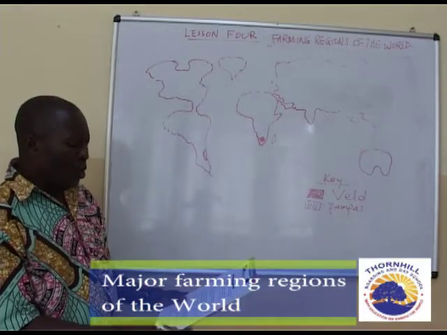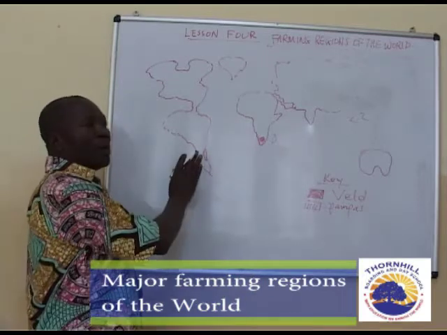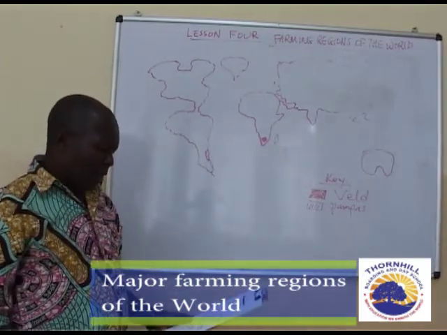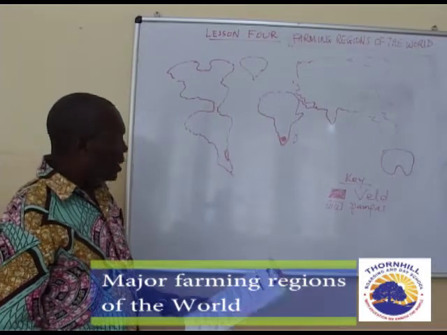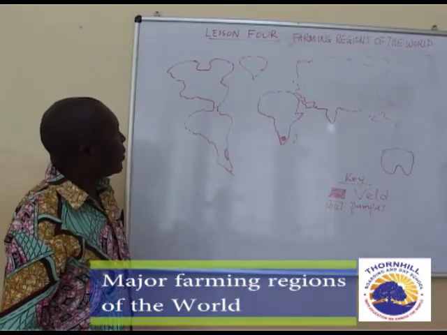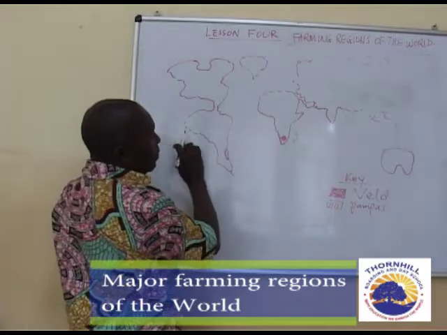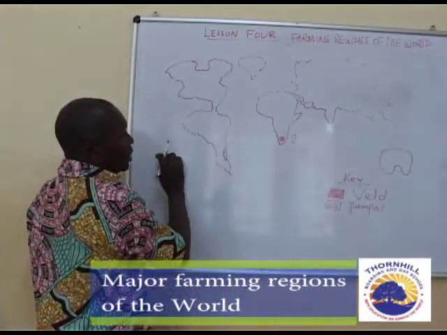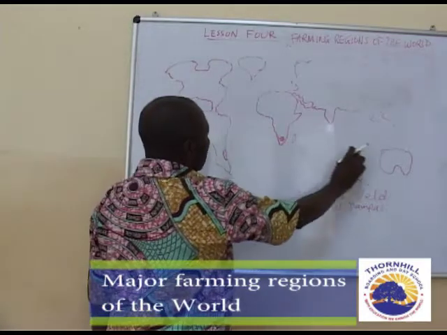Other crops are also grown. Corn is grown there. The local corn is grown in the pampas. That is about South America. Remember, they are almost in the same latitude. These areas are in the same latitude.